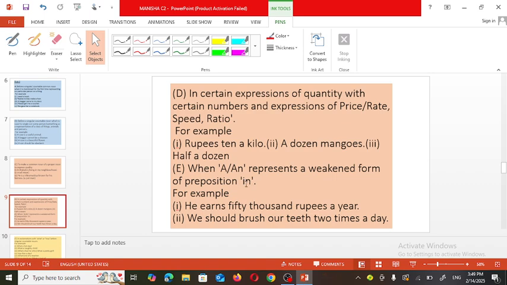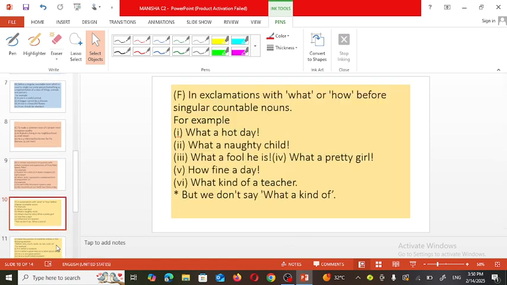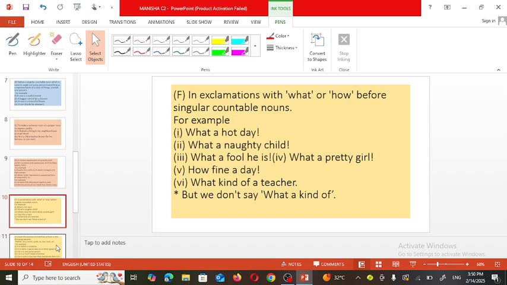Instead of the preposition in, we used article A here. We should brush our teeth twice a day. Means in a day we have to brush the teeth twice, 2 times. So instead of the preposition in, we have used article a. Now see the next rule, in exclamation with what or how.